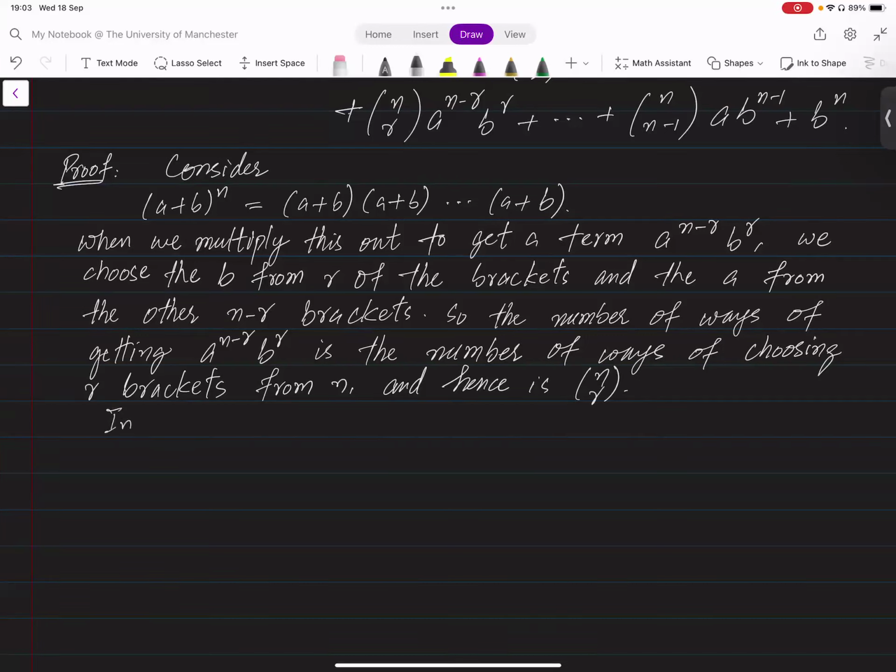So in other words, the coefficient of a power n minus r, b power r is n choose r. The theorem follows from there.